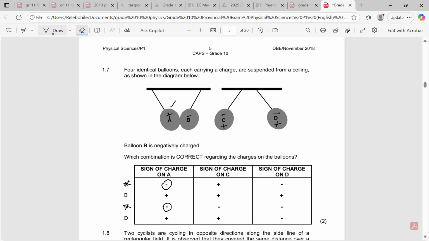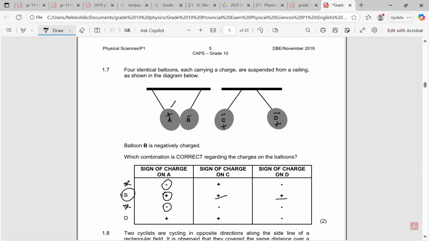So for option B, we see that sphere A according to option B is positive, so that's correct. Okay, then when you check, sphere C and D will be both positive, so B is going to be our option, guys. B has to be our option because it means that C and D are both positive instead of negative, because remember we said they might either be both negative or both positive.